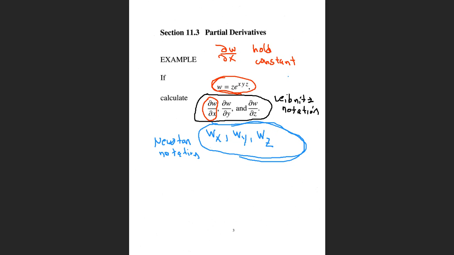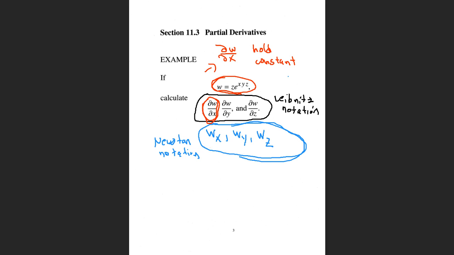Let's focus on the first partial derivative, the partial derivative of w with respect to x. We're trying to understand how the function w changes with x, at what rate.